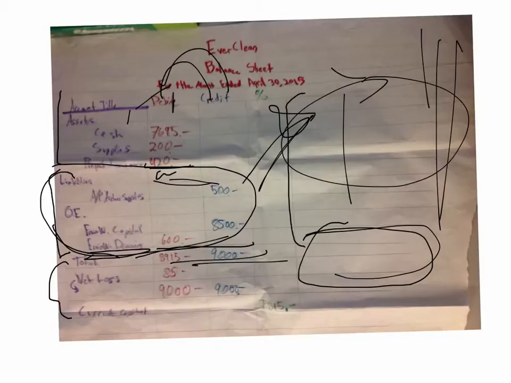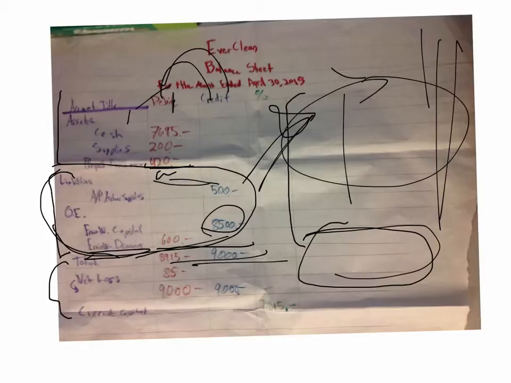Alright, and then also for the capital, they shouldn't have capital and drawing. The capital that's right here, they should have taken 8,500, and then since this is a net loss, they should have subtracted the net loss.